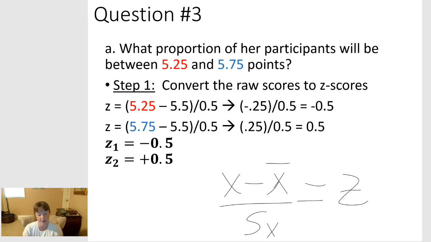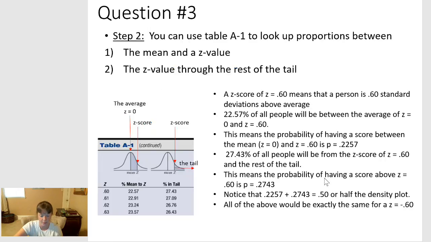So the first person who had a raw score of 5.25 now has a z-score of negative 0.5. The second person, who had a raw score of 5.75, has a z-score of positive 0.5. They're half a standard deviation above the average.